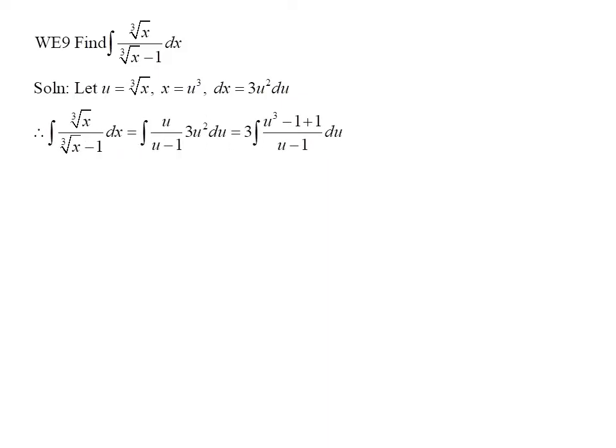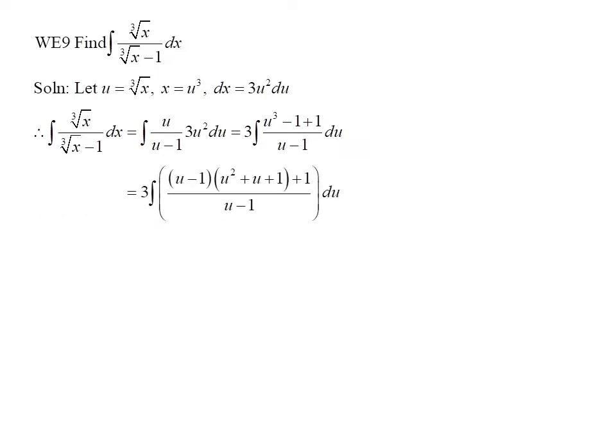Hence, the antiderivative can be written to the integral of u over the result of u minus 1 times 3u squared du, which can be written to 3 times the integral of u cubed minus 1 plus 1, or in parentheses, over the result of u minus 1, or in parentheses, du.